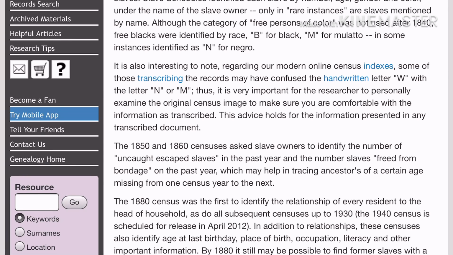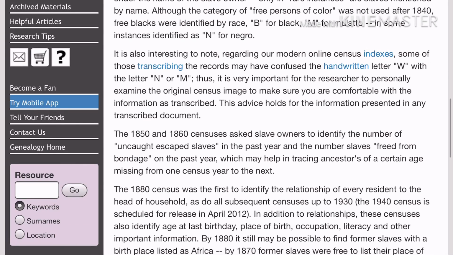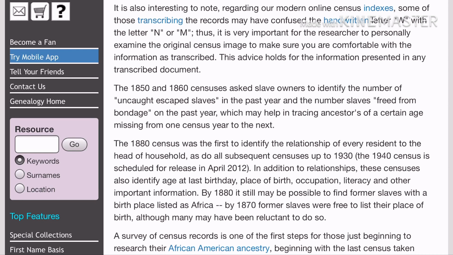The 1850 and 1860 censuses asked slave owners to identify the number of uncaptured escaped slaves in the past year and the number of slaves freed from bondage in the past year, which may help in tracing ancestors of a certain age missing from one census year to the next.